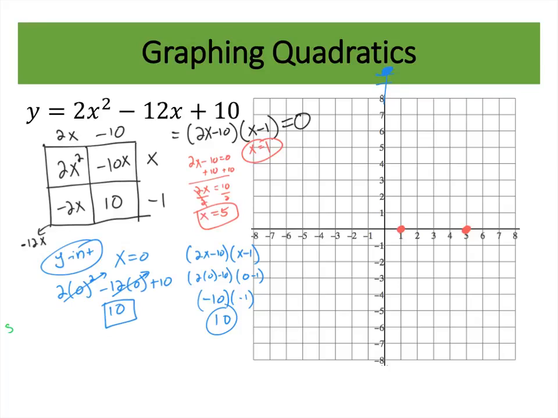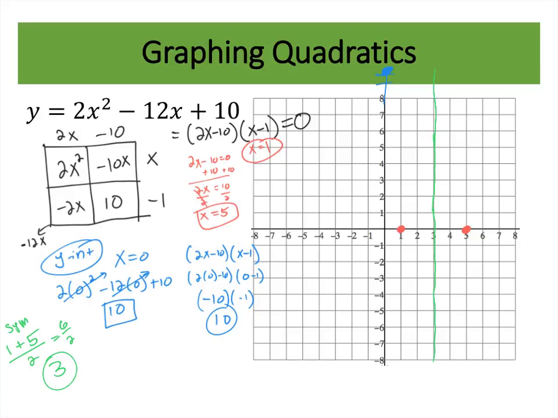So to find the line of symmetry, I'm going to add the two x-intercepts, 1 plus 5, and then divide it by 2. I'm taking an average, so that's 6 halves or 3. So the line of symmetry is here at 3.